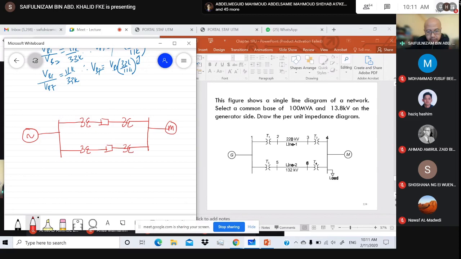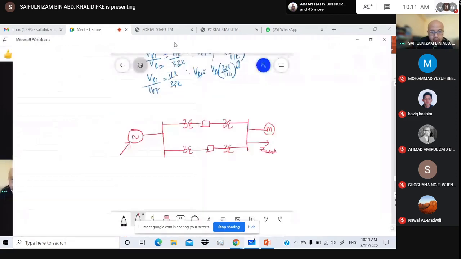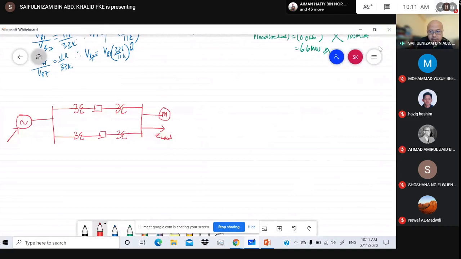So we have one dynamic load and one passive load.